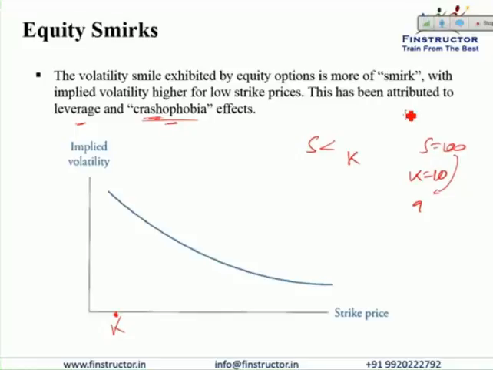The second reason attributed is leverage. Leverage is the market value of equity divided by the market value of debt. Now, as the equity price goes down, as the spot price goes from 100 to 50, the market value of equity is also going down.